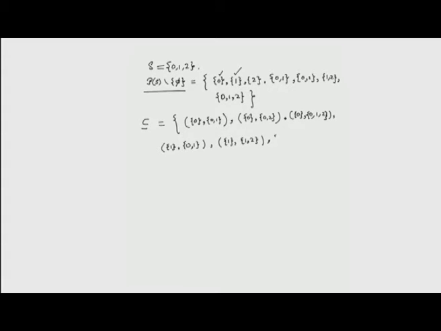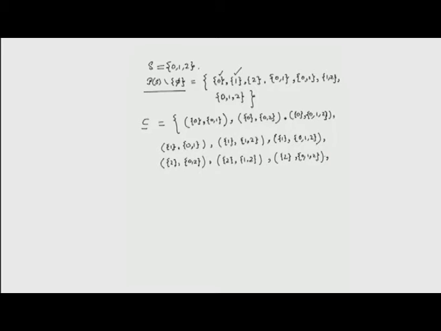Then we consider the singleton 1 again, and of course, this is a subset of 0 1 2. All right. Then we have got singleton 2. 2 is a subset of 0 2, then 2 is a subset of 1 2, right, and then 2 is a subset of 0 1 2.